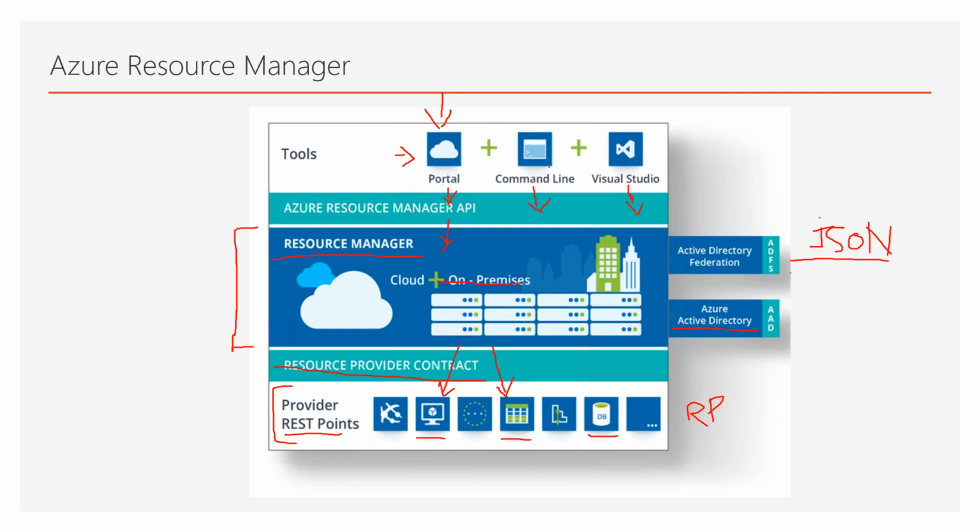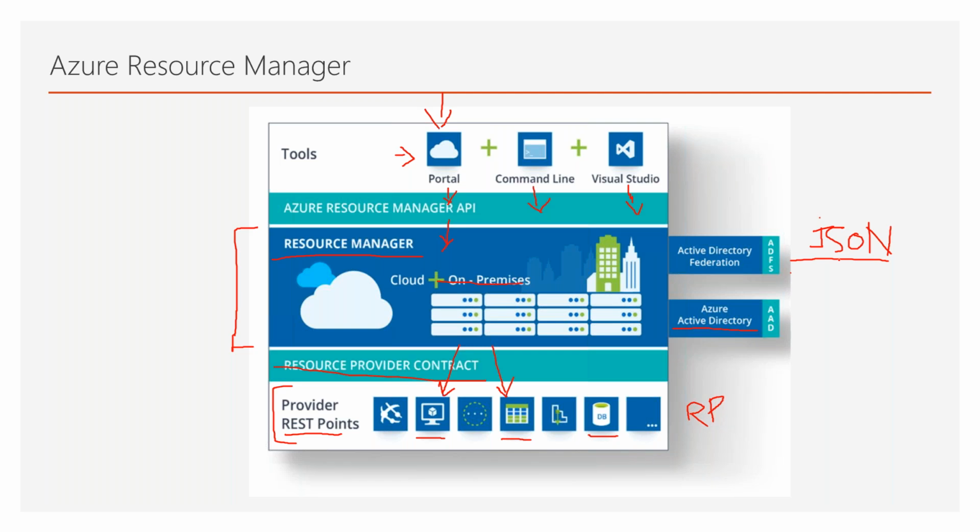You can make a call via command line, or via Visual Studio, after you create the same JSON template. Remember, resource manager only accepts a JSON template, in a particular format. After you provide the JSON to the resource manager, it will create the resources.